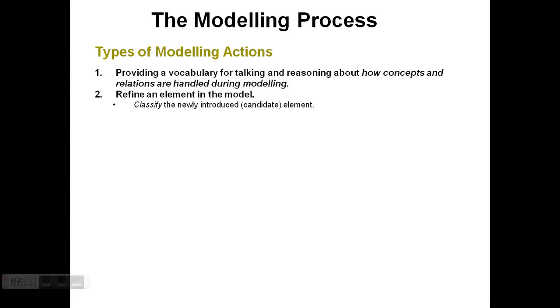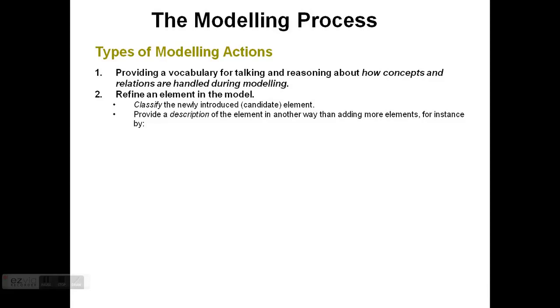Refining an element can take two main forms. One is to classify the newly introduced element. You classify a yet unclassified element, or you may have thought of a more specific classification or simply a better one.